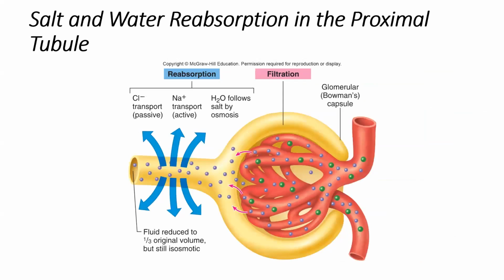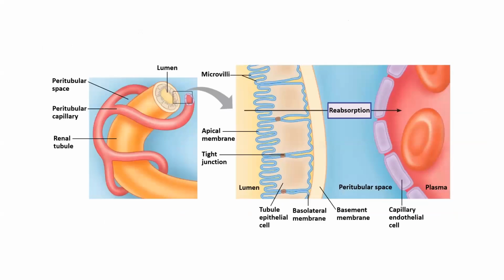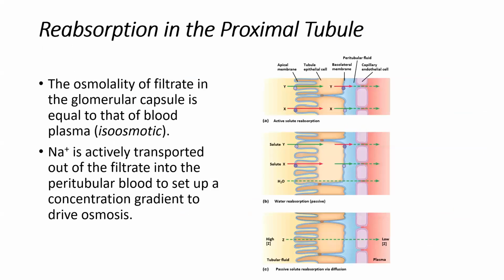Okay, so I think we got to this slide, I want to say. So we just began speaking about reabsorption in the tubules. And so we're talking about what happens in the proximal tubule. So this is the first part of the tubular structures. And we're really describing how reabsorption takes place here.